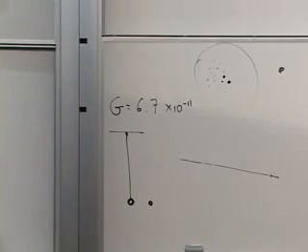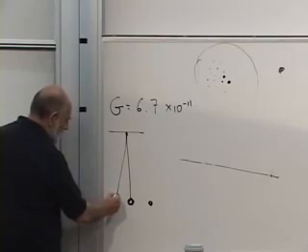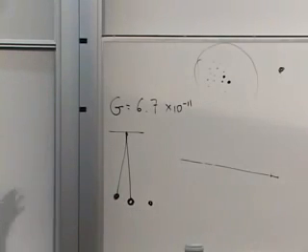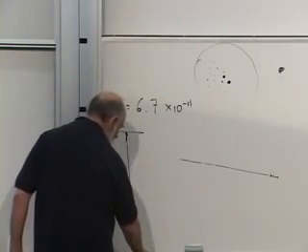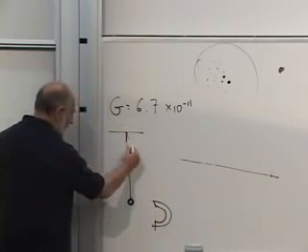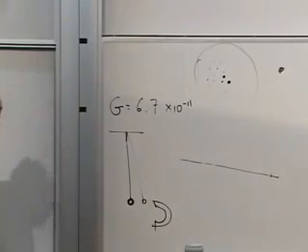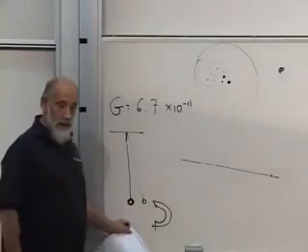What happens? They repel. And the fact that they repel means that this string will shift, and you'll see it shift. Take another example. Take your little ball there to be iron and put a magnet next to it. Again, you'll see quite an easily detectable deflection of the string holding it.